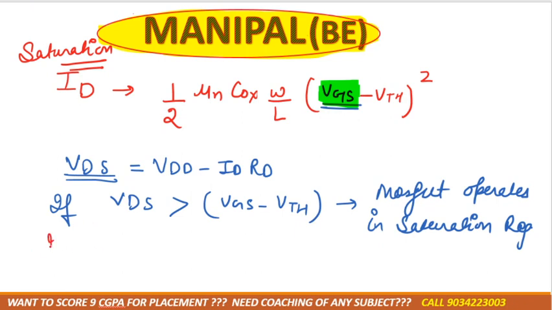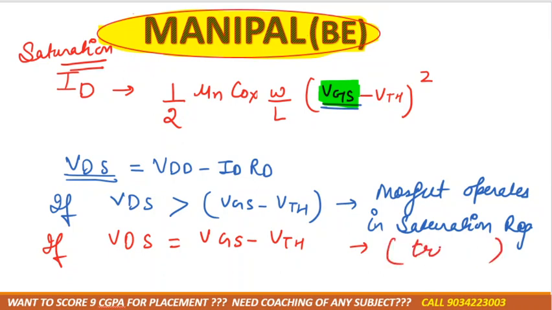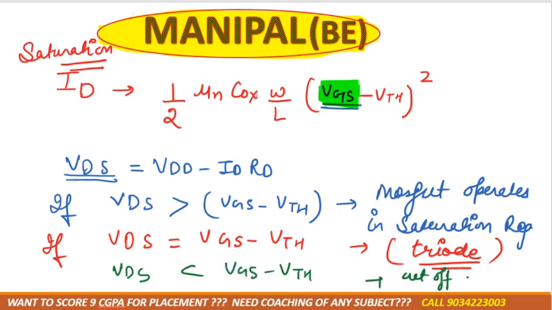But if VDS is equal to VGS minus VTH, then in that case MOSFET works in the triode region. Okay, triode region means the active region. Got it? If VDS is less than VGS minus VTH, then it works in the cutoff region.